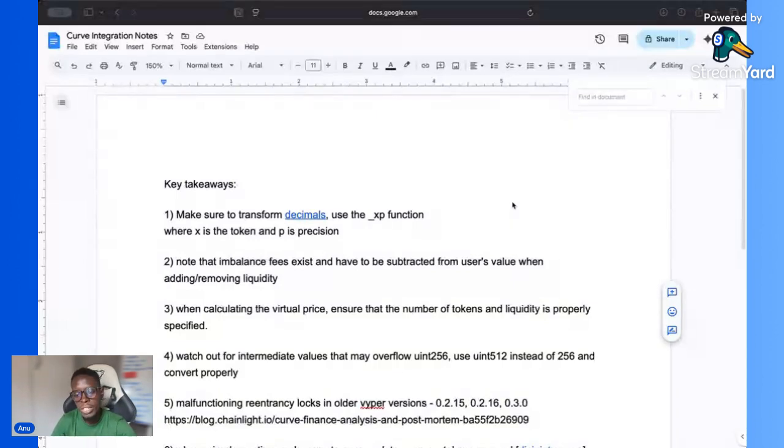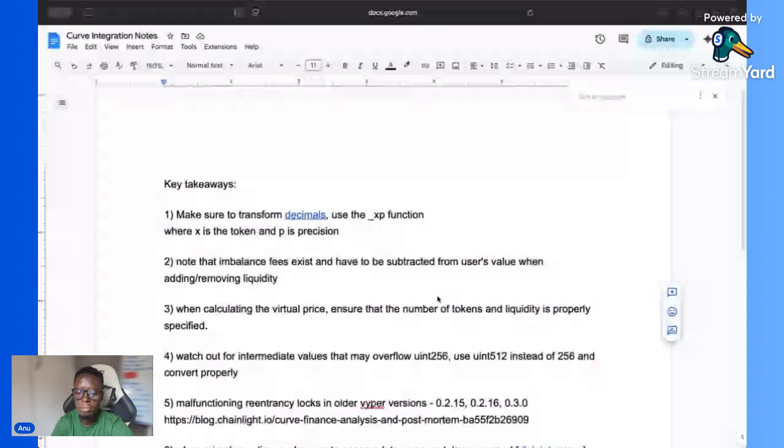Now, to avoid this, especially when adding or removing liquidity, Curve charges you a fee, and it's called the imbalance fee. This fee is used to offset that shift in the pool's already existing balance, because these things are meant to be together in a pool relatively equal.